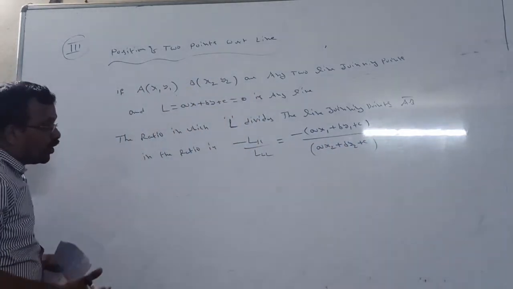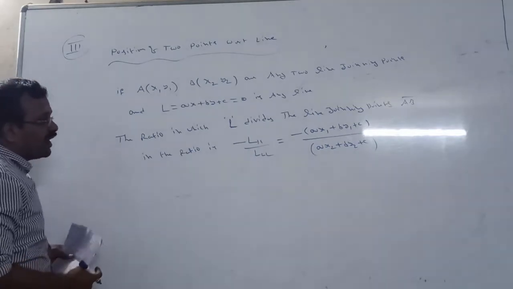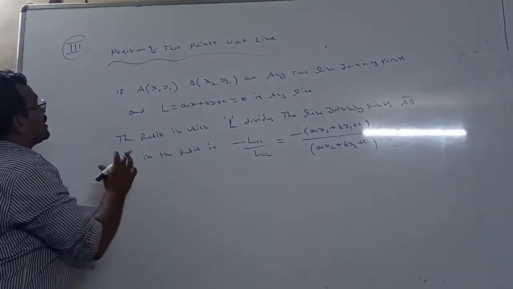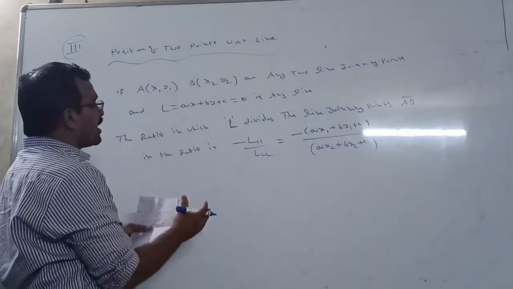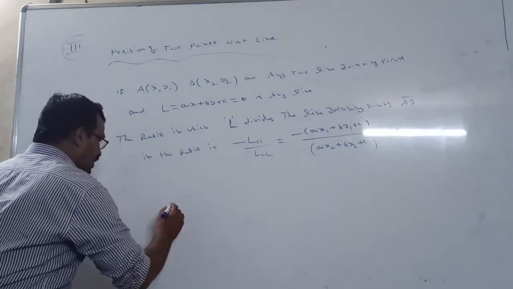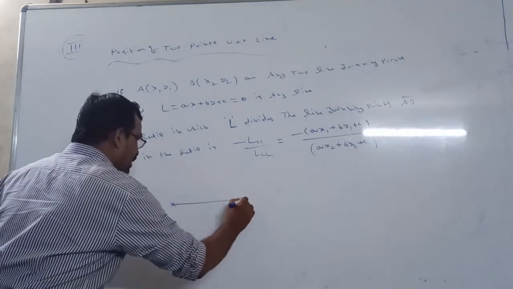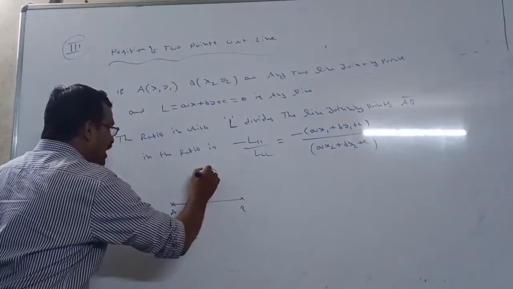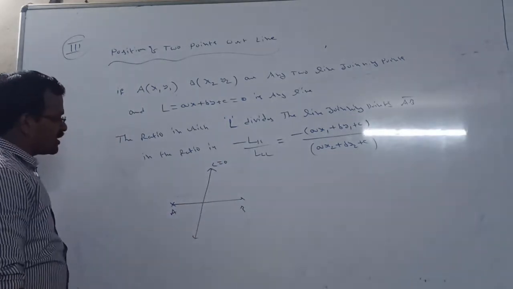So how to find the ratio, and how to find the position of the two points with respect to the line by using this ratio formula. See diagram 1. For example, A and B are the line joining points, and L is the line.